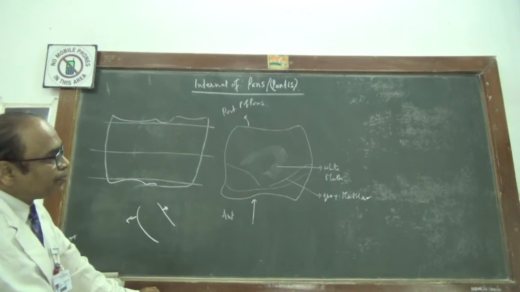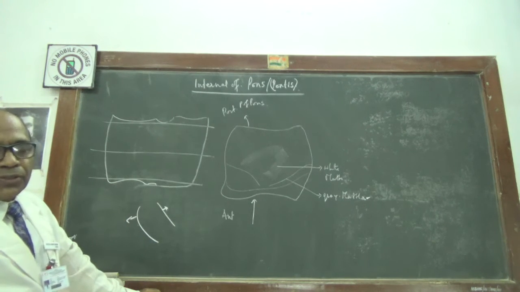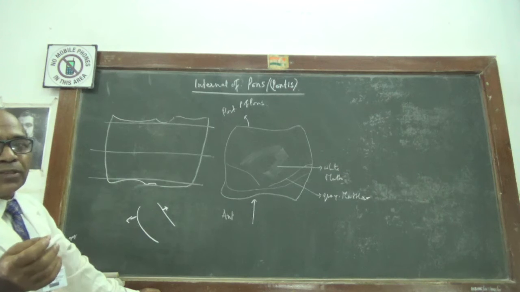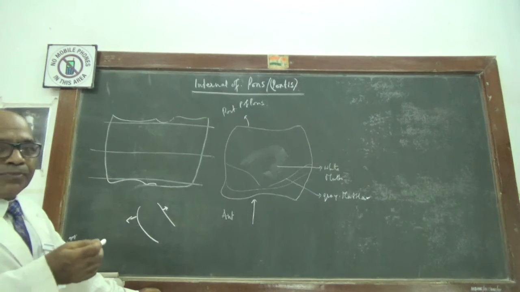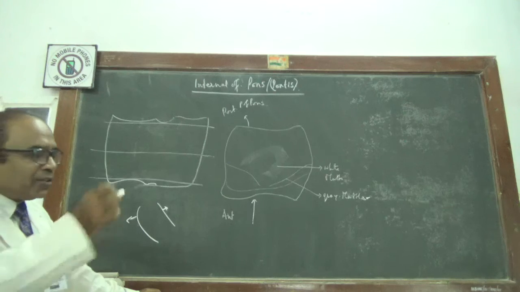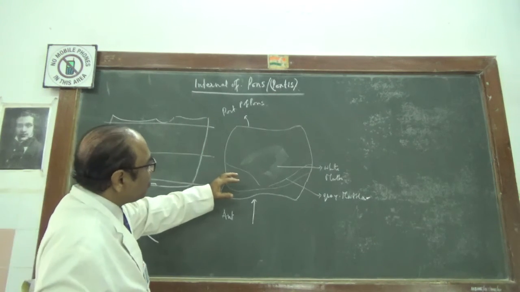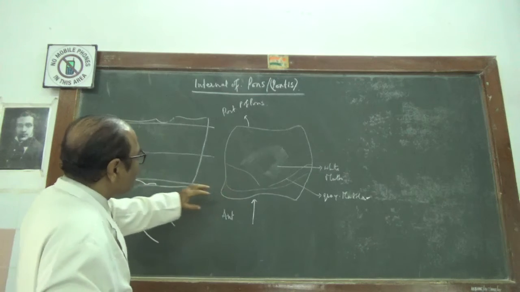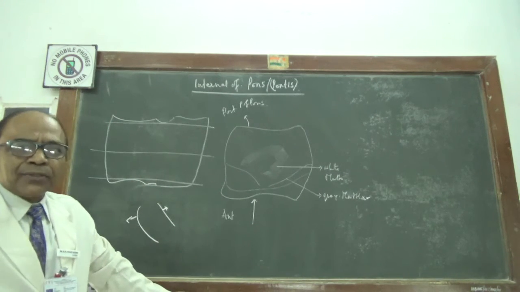So in these parts you will get the neurons. Those neurons are small, big, medium, all the way, and the pattern of neuronal geographic distribution at the lower border, in the middle and in the upper part, differs.